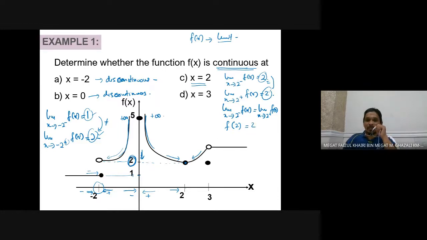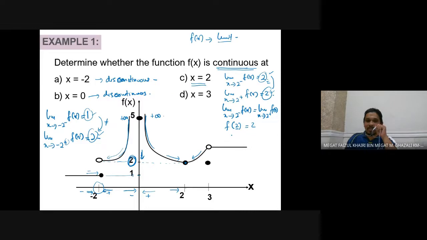The limit as x approaches 2 from the left, x is equal to 2. The limit as x approaches 2 from the right also exists, which is also equal to 2. And the limit from the left side equals the limit from the right side of the function f(x). So the limit exists. And when x is exactly equal to 2, it also gives us y equal to 2.